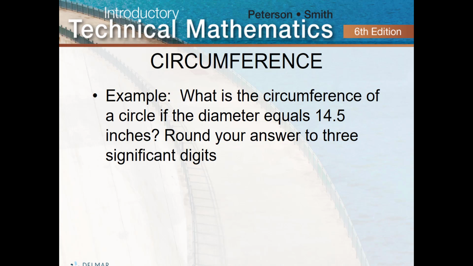So it says, what is the circumference of a circle if the diameter equals 14.5 inches? Round your answer to three significant digits. All right, so 14.5 times 3.14, right? That represents pi.